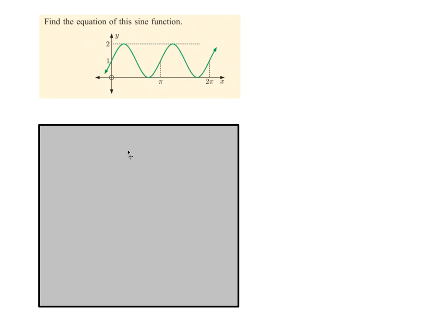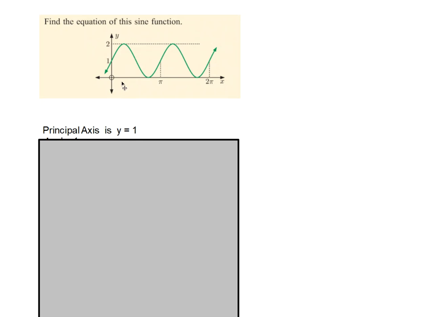But we look at the graph and we see the principal axis is y equals 1. This is the mean line, the line about which the point oscillates. So that immediately tells us, if we're writing it in the general form, that D equals 1. The number on the end is going to be +1.